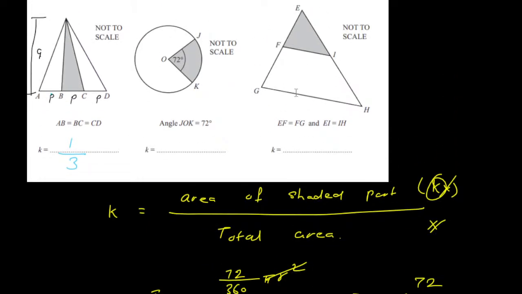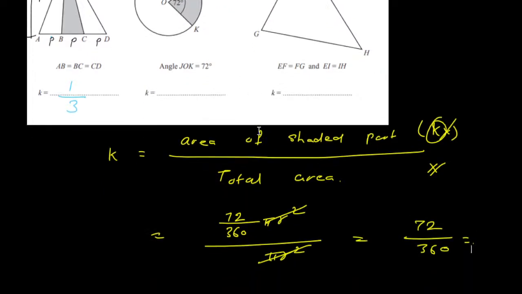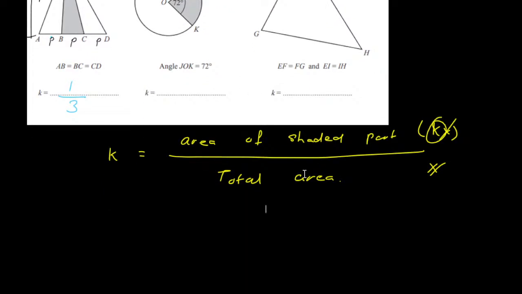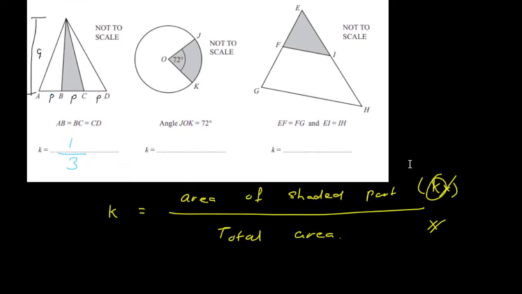Now here in this third question, EF is equal to FG and EI is equal to IH. Actually here if we apply the midpoint theorem, then the area of two similar triangles, if this is x, this is going to be 2x.